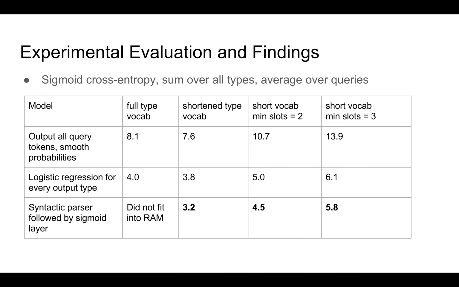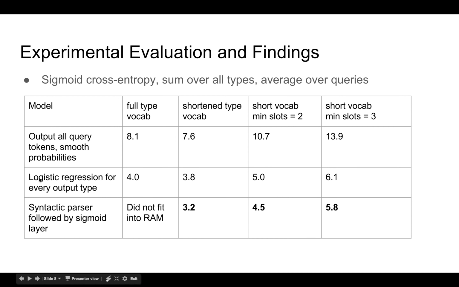Here are the numbers of our experiments. So first is the full type vocabulary. And by the way, the models are evaluated using sigmoid cross-entropy, and we use sigmoid because types are not exclusive of one another. So the first model just outputs all the tokens found in the query that are types within the inventory.